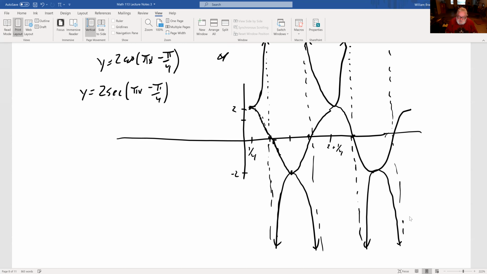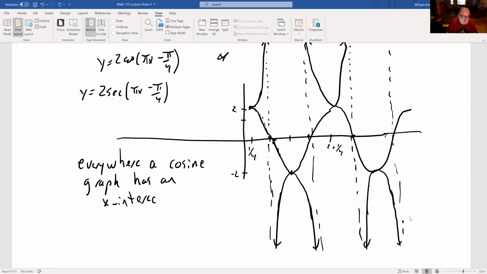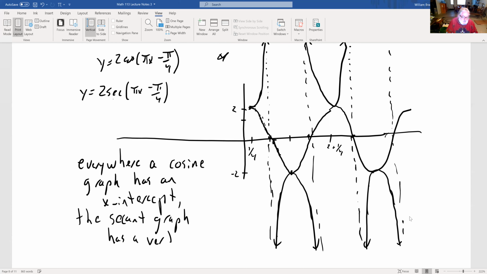So these things with the asymptotes, those are the graphs of secant. So everywhere the cosine graph has an x-intercept, the secant graph has a vertical asymptote.